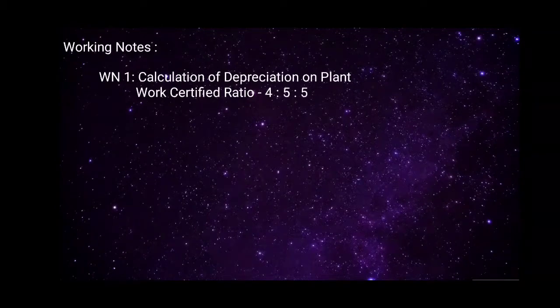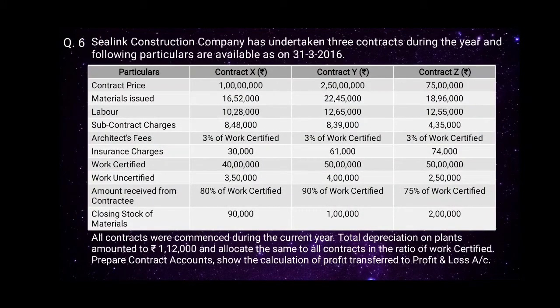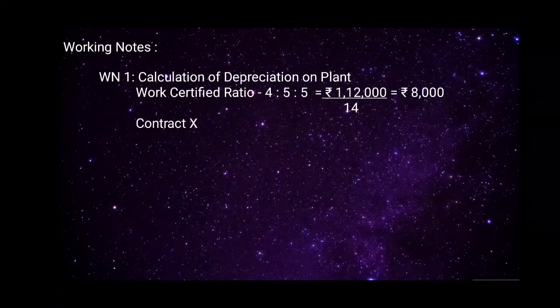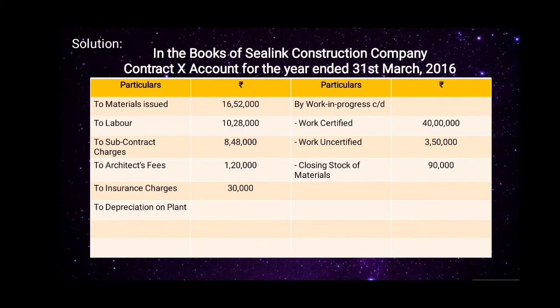Depreciation amount is given as 1,12,000. So 1,12,000 divided by 14, the total ratio, is equal to rupees 8,000. So for contract X, the amount of depreciation will be 8,000 into 4, which is equal to rupees 32,000. So we'll record it on the debit side. To depreciation on plant, amount is 32,000.